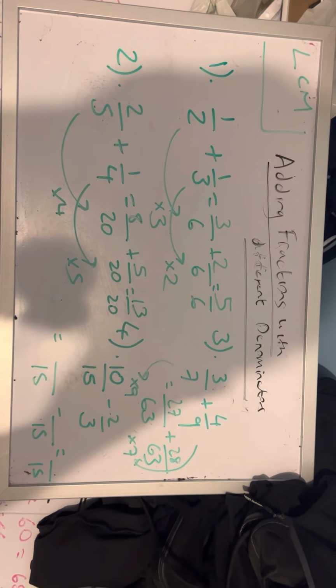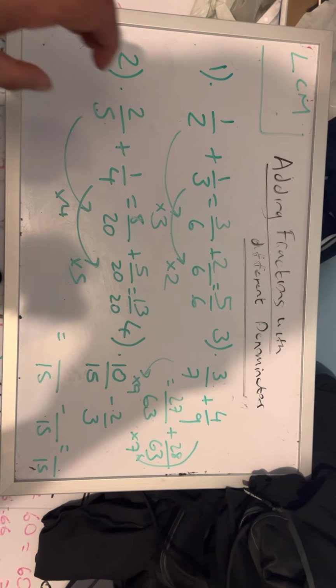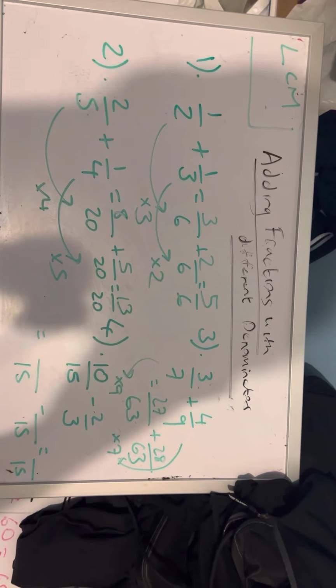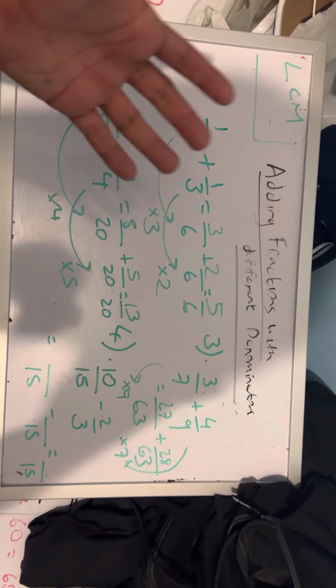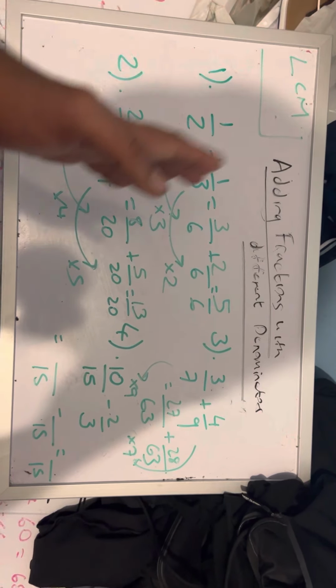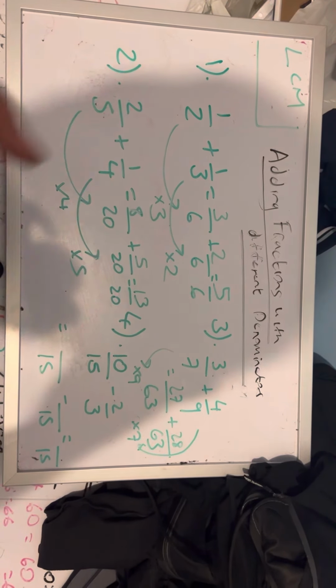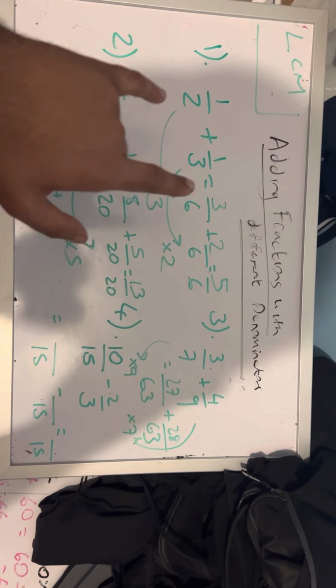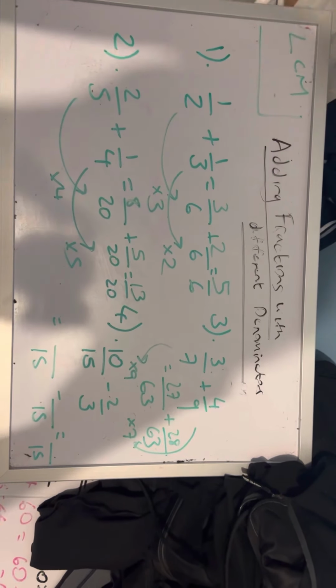Right guys, we will start with question number 1. I've got a half plus a third. Now when the bottom numbers are different, I've got to find what I call a common denominator. So I've got to find a number that goes into both of those times tables.